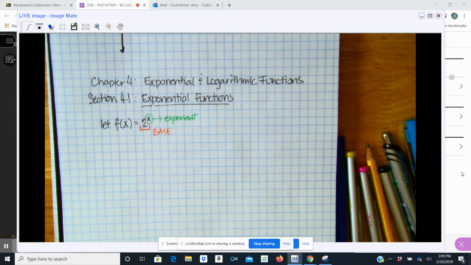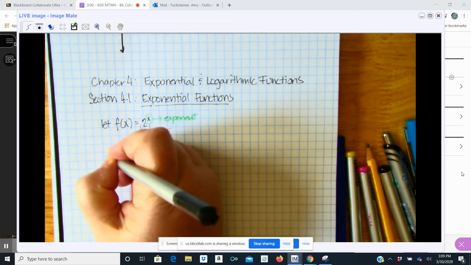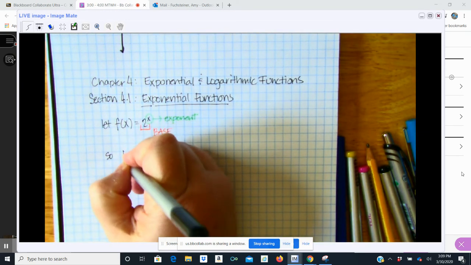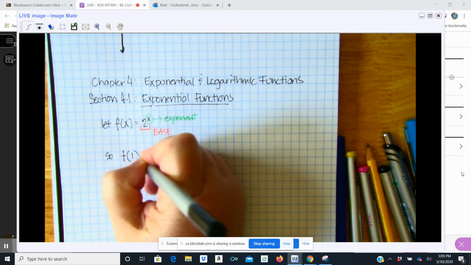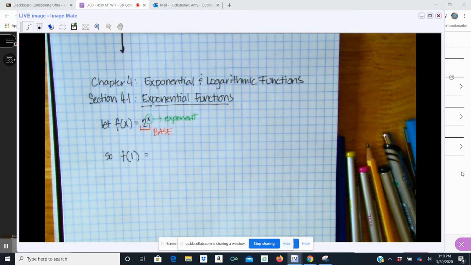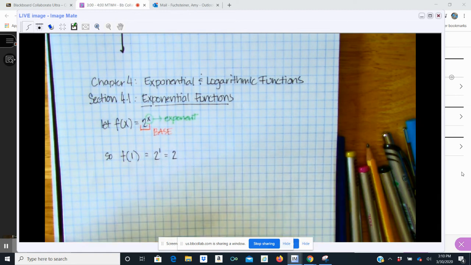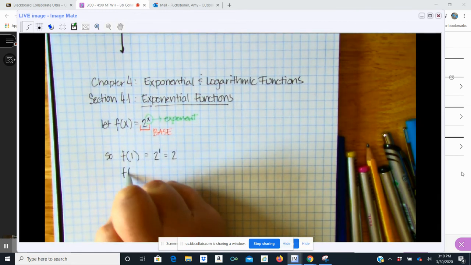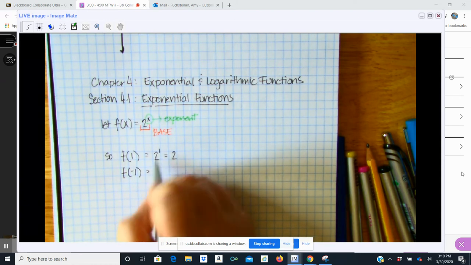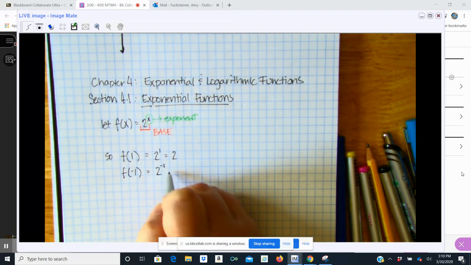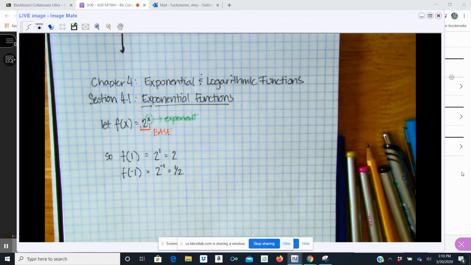All right, so you can find f of 1. F of 1 would be 2 to the first power, which is just a 2. You could find f of negative 1. This would be 2 to the negative first power, or 1 over 2.